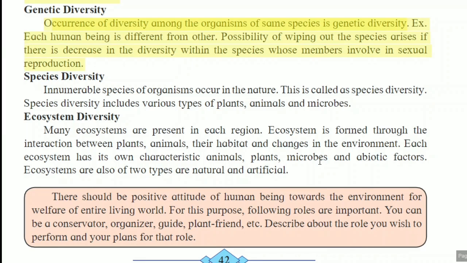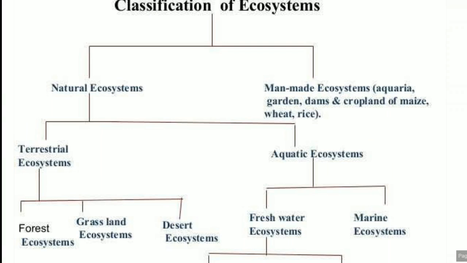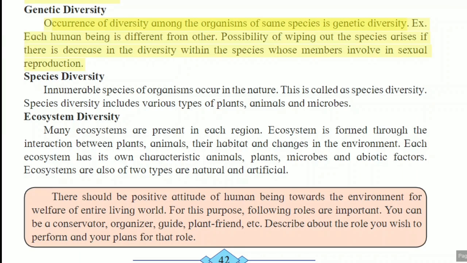Their habitat is also different, and their environment is also different. Ecosystems are also of 2 types, natural and artificial ecosystem. The artificial ecosystem is also called the man-made ecosystem. So mainly they are of 2 types.